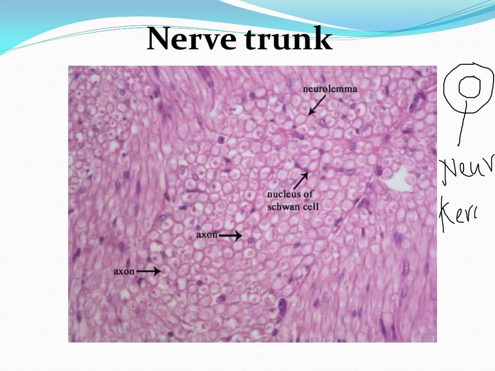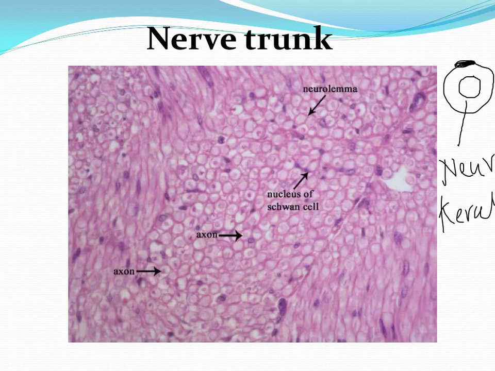Neurokeratin is the only thing present here, but it is also not stained, and this area was occupied by the myelin sheath. And in some of the fibers you can diagnose the nucleus of the Schwann cell.